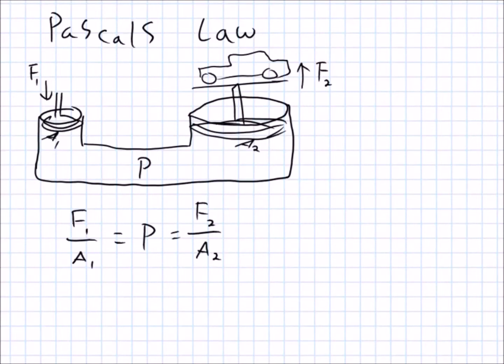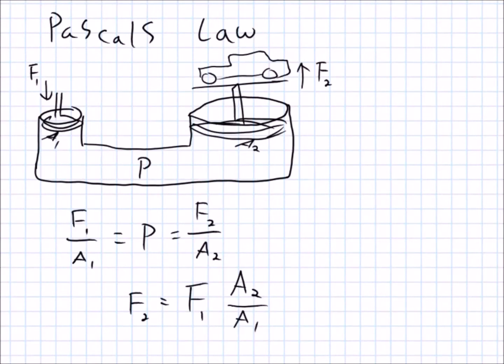So ignore the pressure, and say I solve for F2, multiply over A2, and I get that F2 is equal to F1 over A1 from that side, times A2. And using fraction rules, I'm going to write the A1 right there instead, because then it shows how F2 is a fraction of F1.